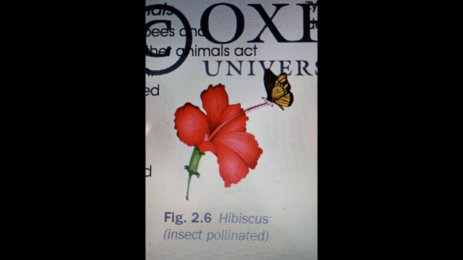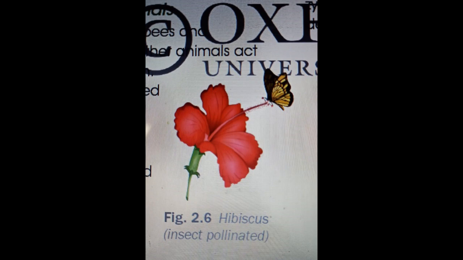Plants that are pollinated by animals have large, showy, and brightly colored flowers. They may be sweetly scented or produce sugary nectar to attract the animals. These flowers can produce sticky or spiny pollen grains that stick to the body of insects and are carried by them.